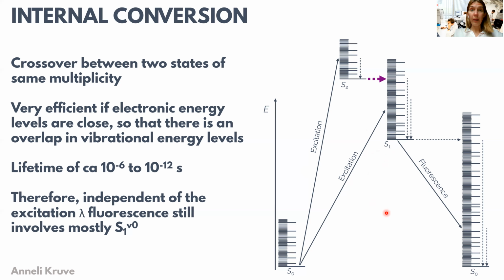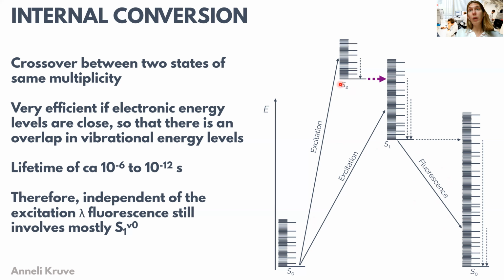And interestingly, for very many molecules, due to the internal conversion between the S2 and S1, independent of the excitation wavelength, we still see one band in the fluorescence. So independent of whether we first bring about S0 to S2 excitation or S0 to S1 excitation, the fluorescence corresponds to the emitting of a photon by the molecule going from S1 back to the S0 ground state.